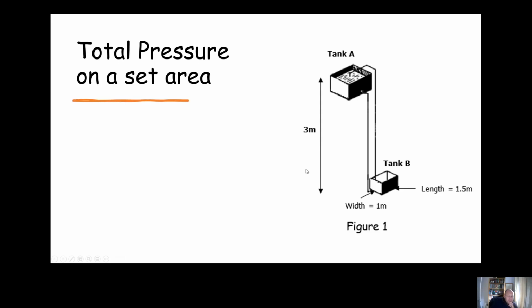So, total pressure on a set area. You might be asked to calculate the pressure over a set area. They normally ask you what's the pressure on the base of this cistern, for example.